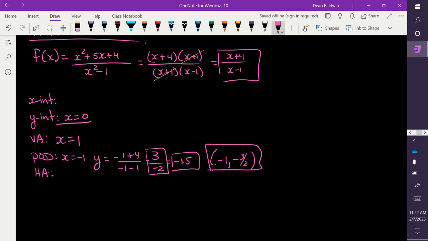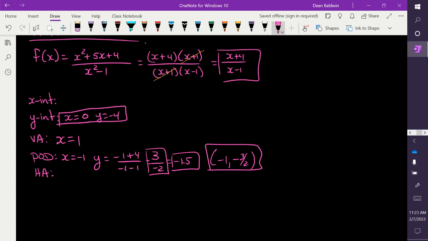You get -4 either way. So x is 0, which means y is equal to -4. There's your y-intercept. The y-intercept is when x is 0. So you just put x equal to 0 into the equation. All right.